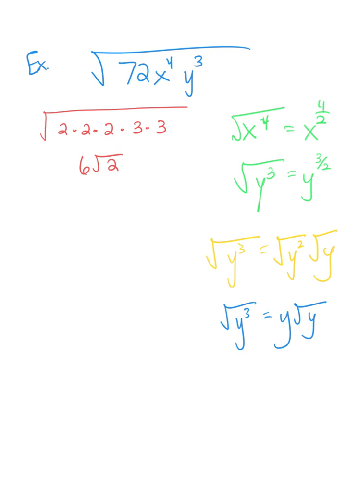So then now when I put all these together, because again, reminiscing back up here, this is simply x squared on the outside. So now when I put them all together, I have a 6 outside of the radical. I have an x squared outside of the radical. I have a y outside of the radical. And I'm left with a 2y underneath the radical.